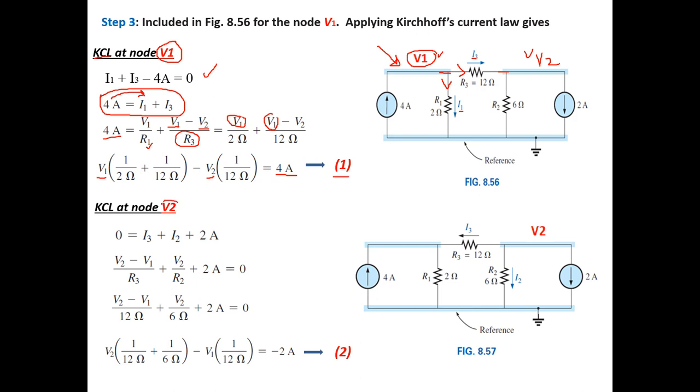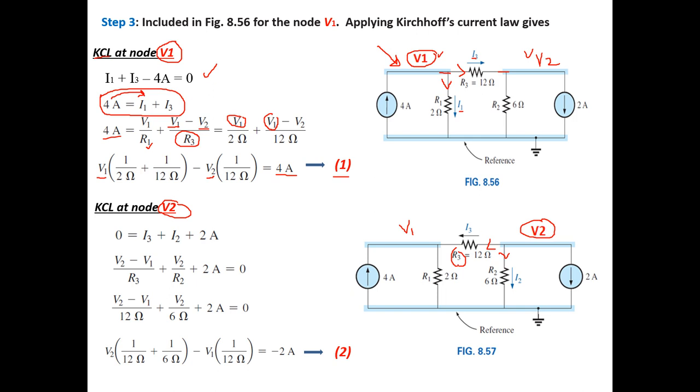Let's go to node number 2. This time I will consider this one as the highest point because I'm working in this node. But do not forget that I have V1 here. Why am I saying that? Because here we're assuming the currents are going out of the nodes, yes? And R3 is located between the two nodes, so this will help me to find its voltage.